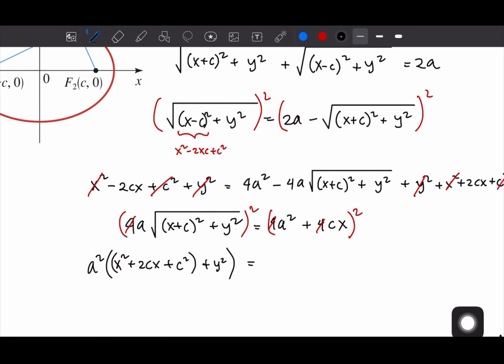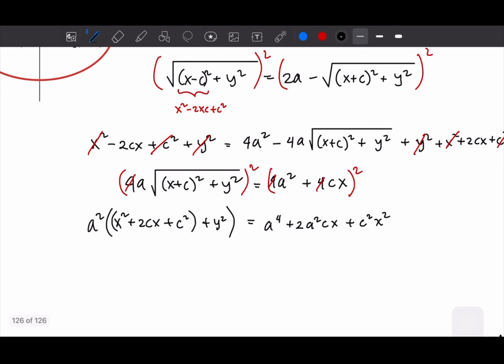And then this part here is a to the 4 plus 2a squared cx plus c squared x squared. Okay. So let's multiply each one.